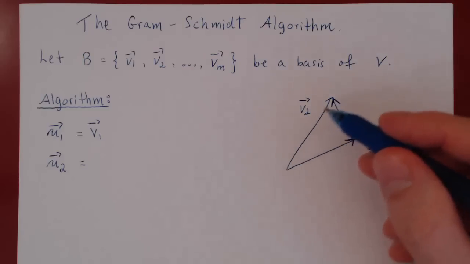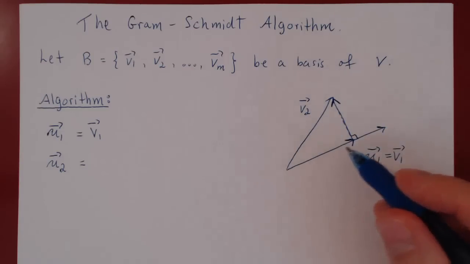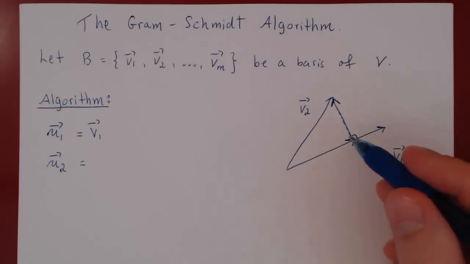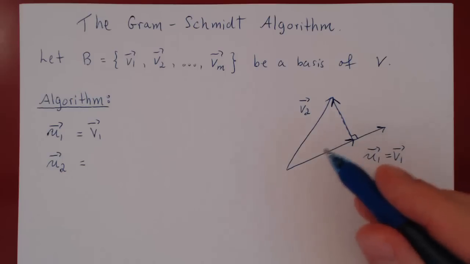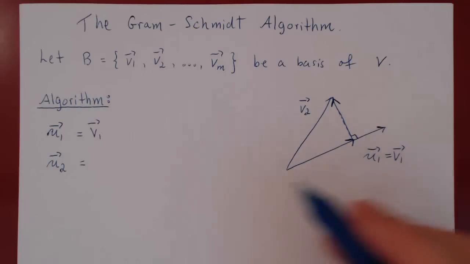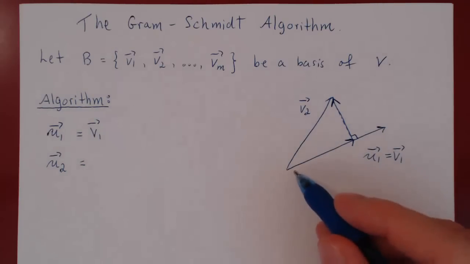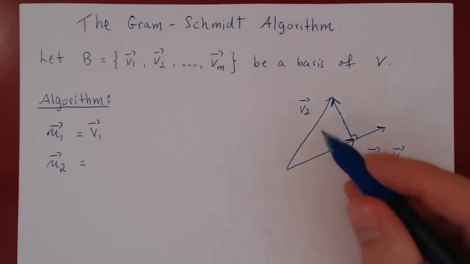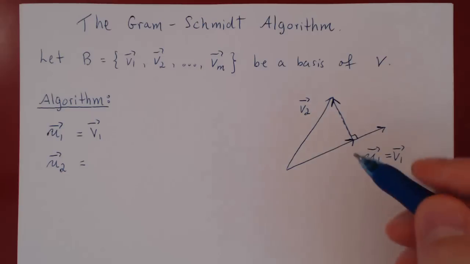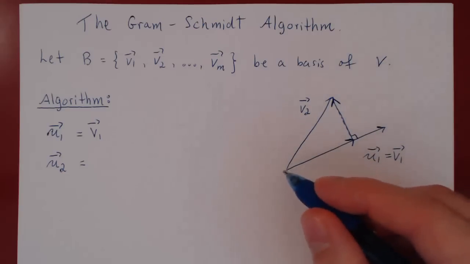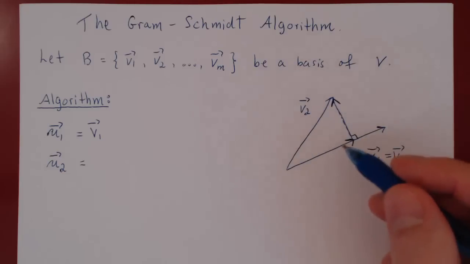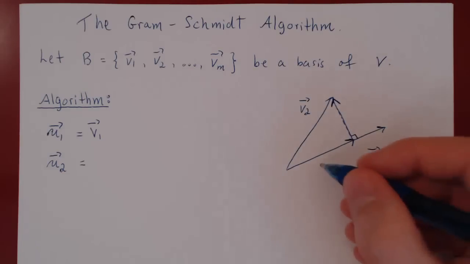So you see vector v2 is simply this vector plus this vector, but you don't need this component of v2 because you already have v1 in your set to generate this dimension. So if you lose this part of v2, you lose nothing because you already have vector v1 to generate this dimension. So we can remove from v2 this vector.